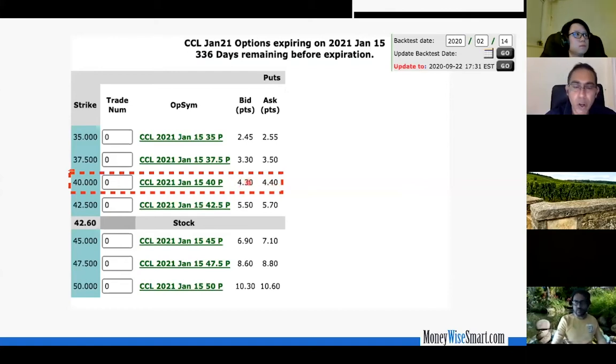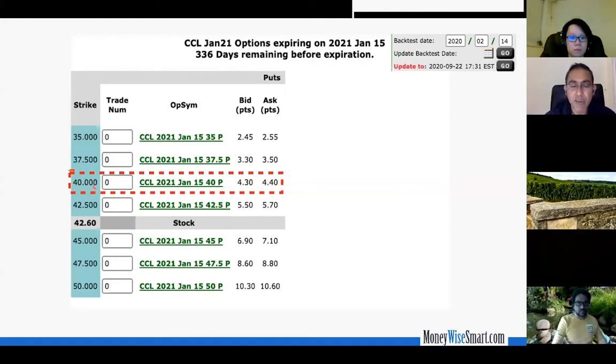The bid is $4.30, which means if I own that put and want to sell, I will get $4.30. But if I want to buy that put option, I will have to put up $4.40 per share, and one contract controls 100 shares. So I will basically have to shell out $440 for one contract.